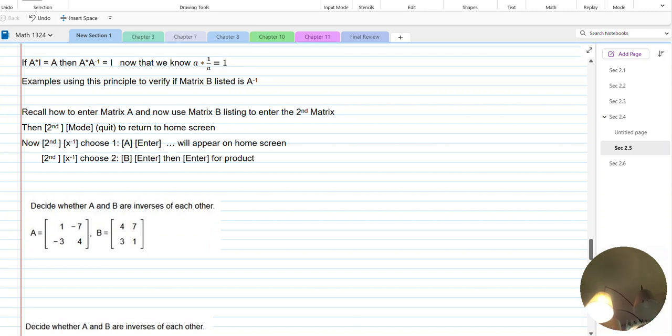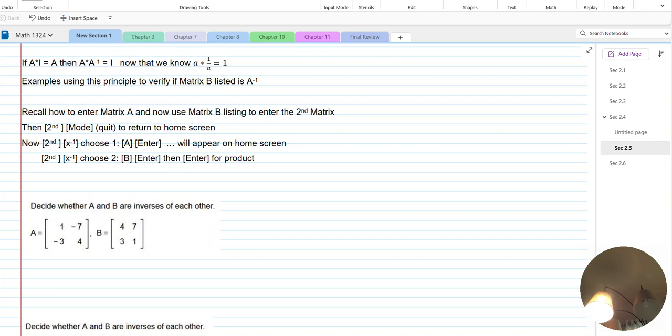So if a matrix A times the identity is equal to matrix A, and A times the inverse matrix A will then equal 1, then we know that A times 1 over A is 1. So see, we're tying it all back into that basic math concept. So we're going to be using examples of this and putting the identity matrix as matrix B to find if it is or is not.